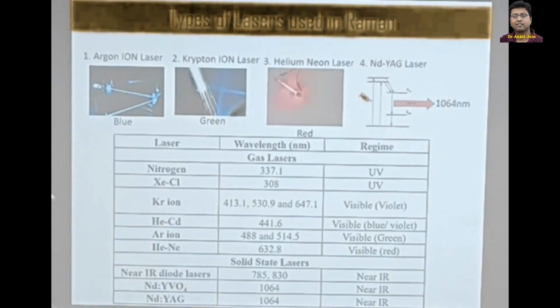But if we have a soft or burning material, then we go for a higher wavelength like 784 or 1064, near infrared, that is Nd:YAG lasers or helium neon lasers. For biomolecules, we usually start with 633 nanometers, but for other molecules, we can also go for blue and green.